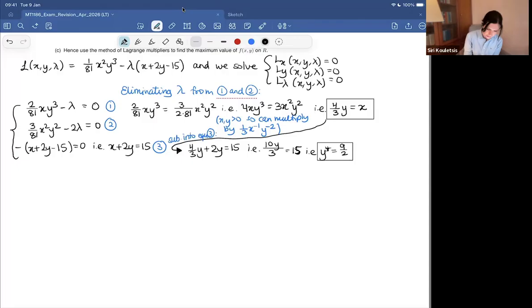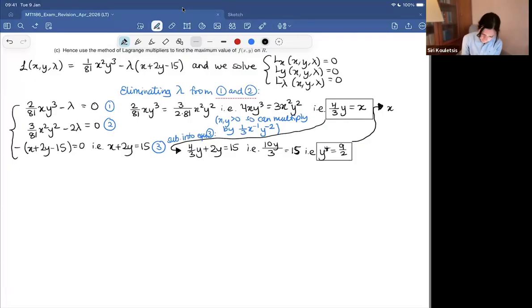Now we go back to this here. Back here to find x star, which is 4/3 of y star. And so that's 4/3 times 9 over 2.